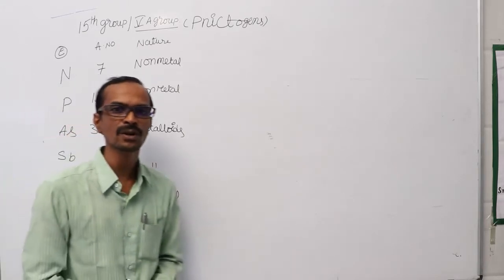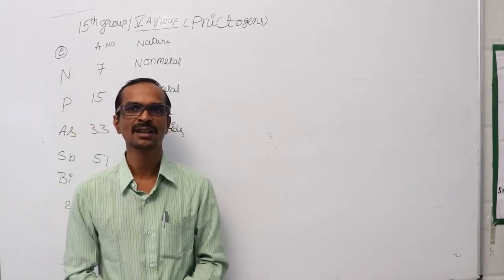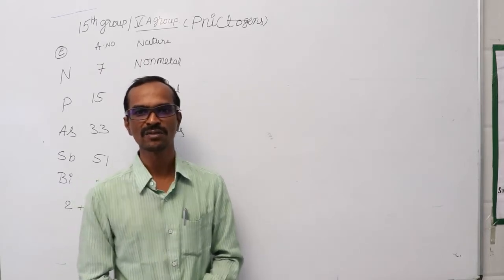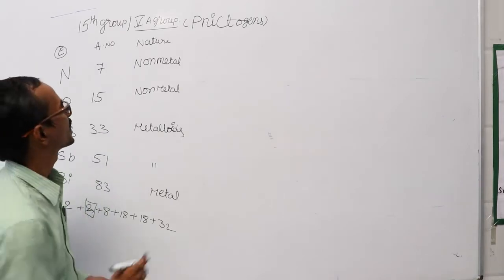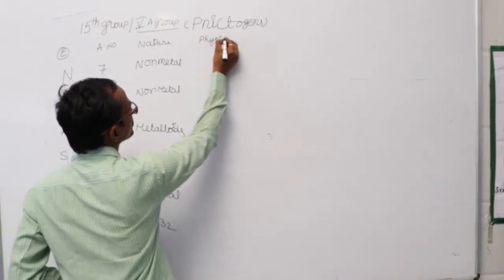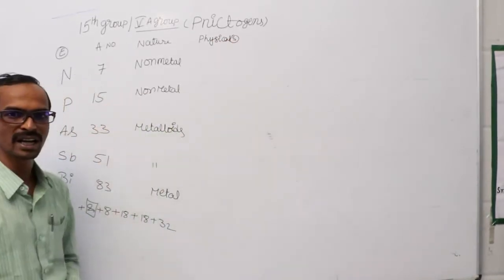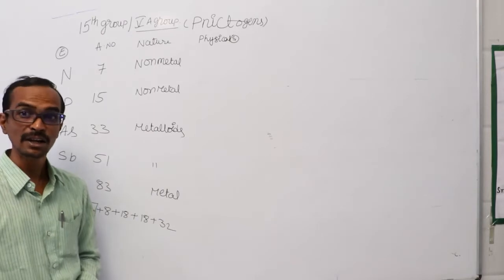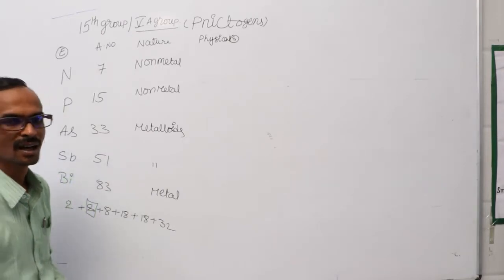Now, if we want to discuss the physical state of these elements at STP conditions, what will it be? The first, nitrogen, at STP exists as N2 gas, diatomic nitrogen. It is a gas.